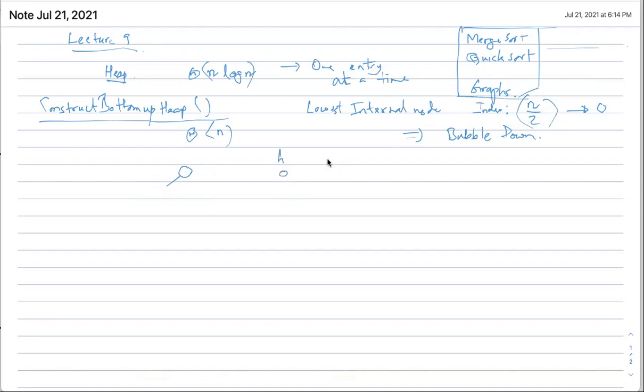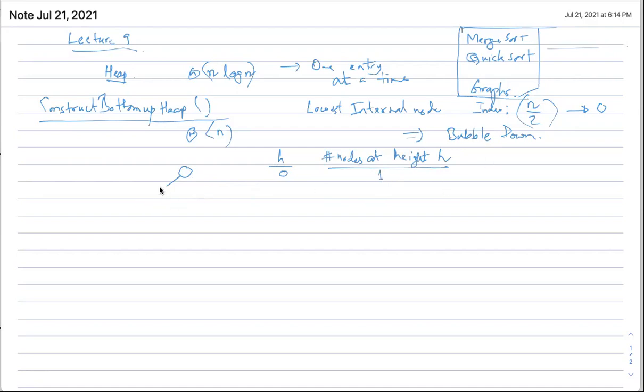And the number of nodes at height 0 is going to be 2 to the power 0, which is only 1.